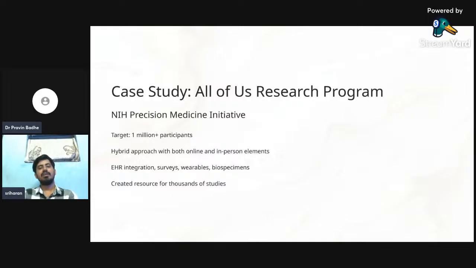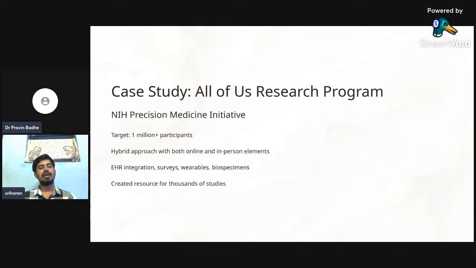This is the case study. The All of Us research program is still ongoing. It targets the National Institutes of Health Precision Medicine Initiative. Their targeted population is 1 million plus participants. Till now they are still targeting. It is also a hybrid approach, online link and in-person visit both applicable, and it is conducted on electronic health.